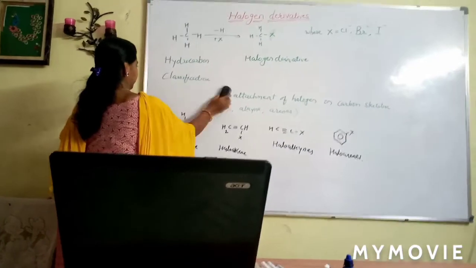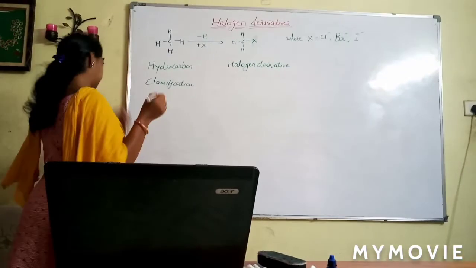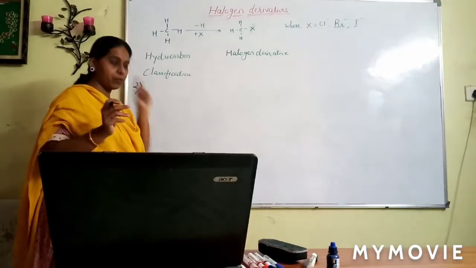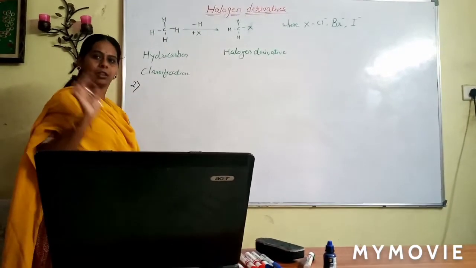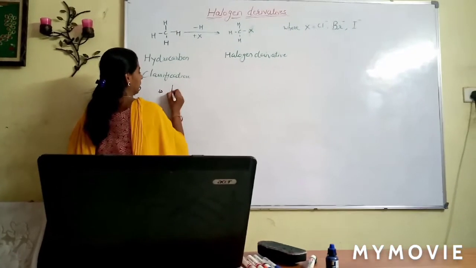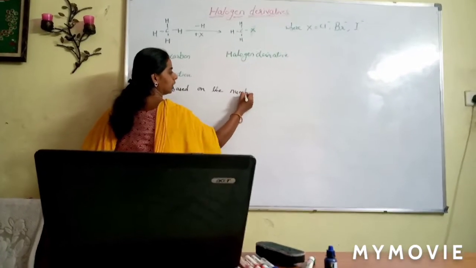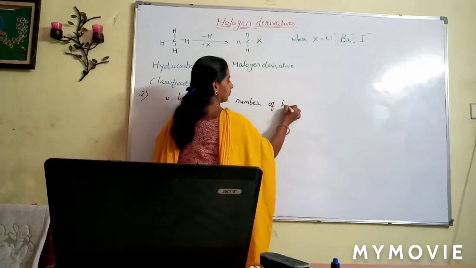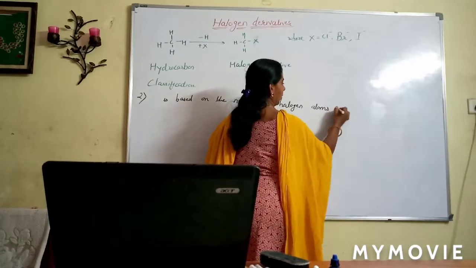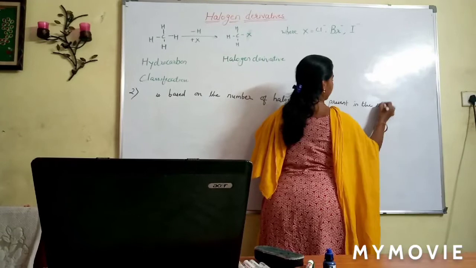Now we'll see the second classification. The second classification of halogen derivative is based on the number of halogen atoms present in the particular structure.